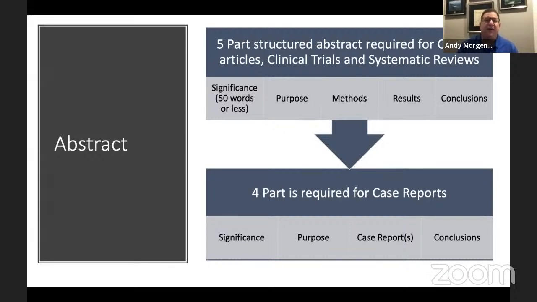It's a review of a topic and a certain question, casting a net over papers over a certain period of time. So if we wanted to write a systematic peer-reviewed article on keratoconus and contact lenses, we would have to include those 5 parts as part of our abstract.